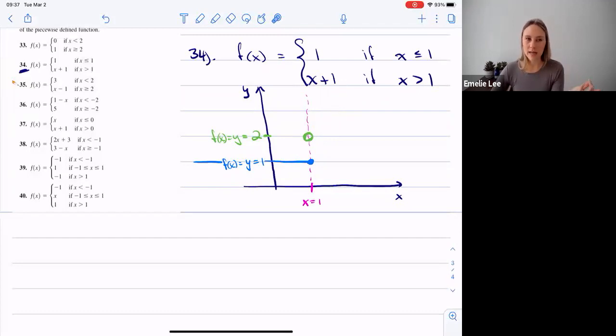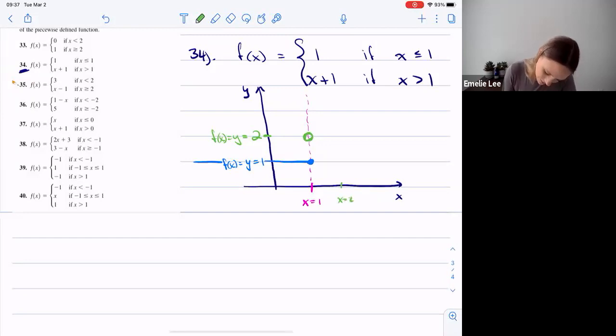So I'm going to let x be 2, seems reasonable enough. 2 is greater than 1, for sure, and so 2 plus 1 is 3. So f of x equals y, which is 3 here. That's a point on the line.